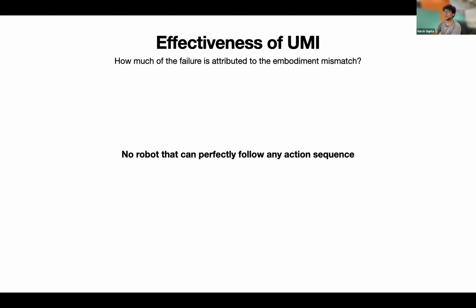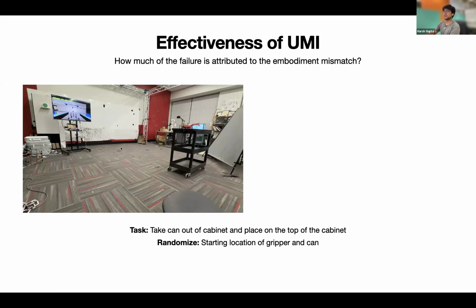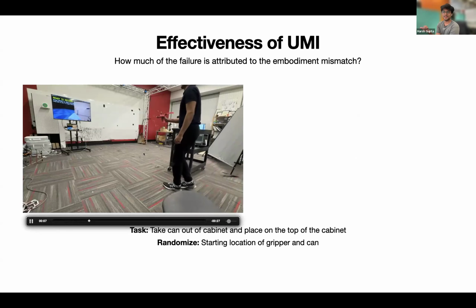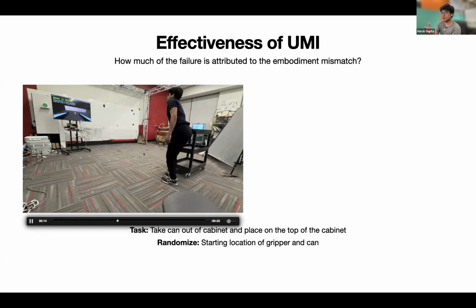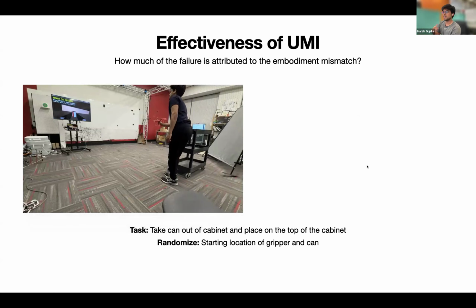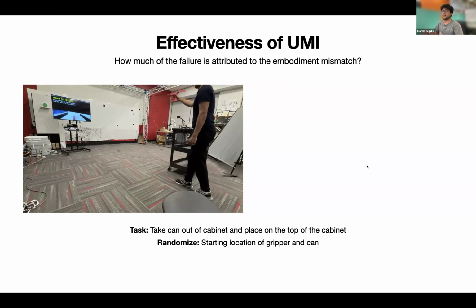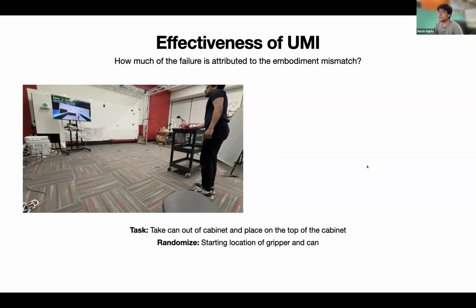There are definitely solutions for us to look at in simulation, for example. Here's an example of me collecting UMI style data in simulation, where I have a gripper and I'm taking a can out of a cabinet and placing it on top of the cabinet. In my data collection, the main randomization came from randomizing the location of the can and the starting location of the gripper.